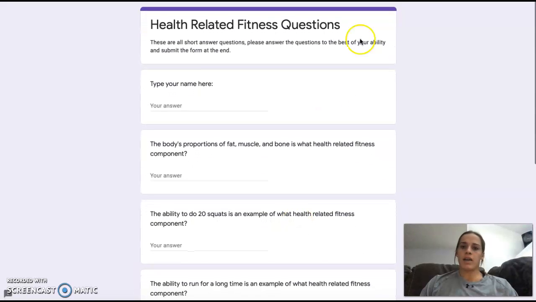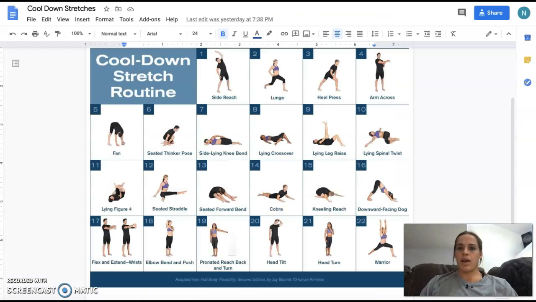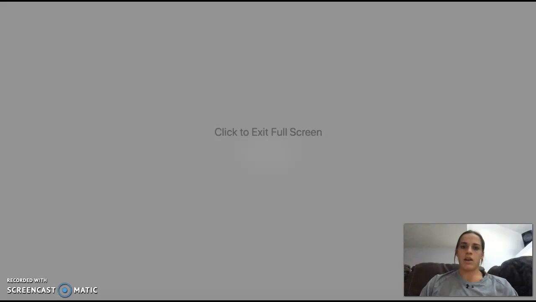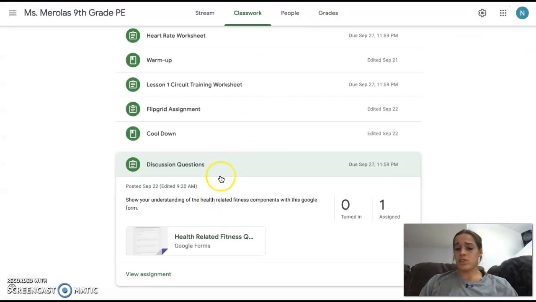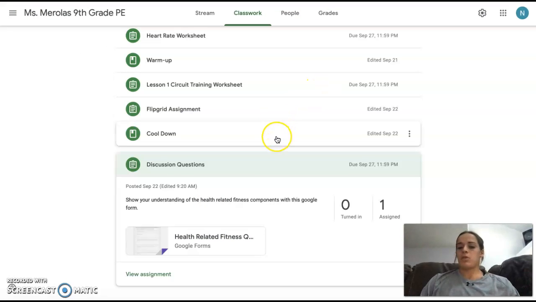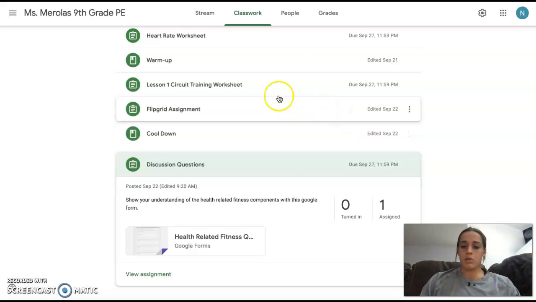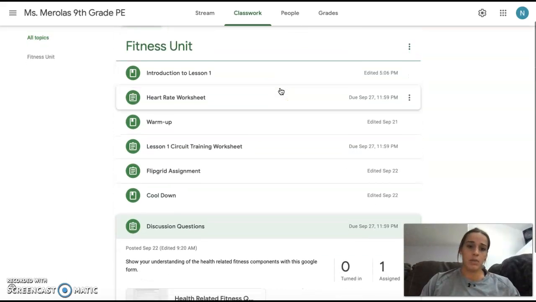Now, I fully understand that I think if you went through this entire thing, even though the circuit is pretty short, it shouldn't take more than 9 minutes to do the circuit, 3 minutes to do the warm-up, and 3 minutes to cool down, which is very reasonable.